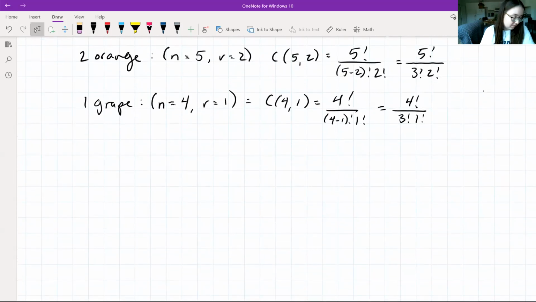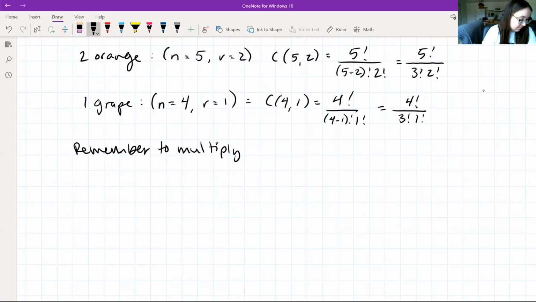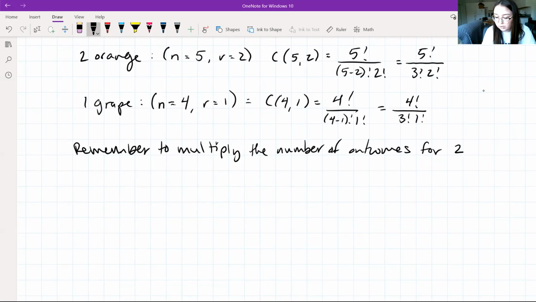So remember to multiply the number of outcomes for 2 orange candies and 1 grape candy.